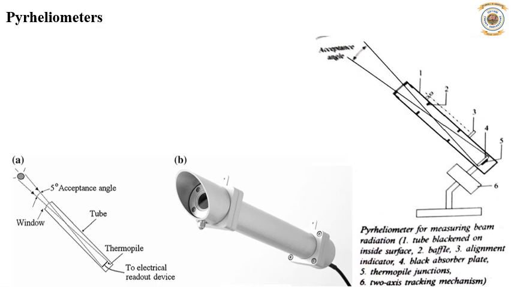Then it has an alignment indicator, a black absorber plate that you can see, and the thermopile junction, number 5. And number 6 is the two-axis tracking mechanism.